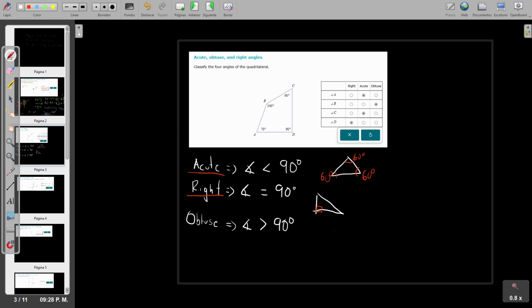For example, if I were to put an angle like this, I could put it like 120 degrees, which means that is 50, 60, that is 30, and this is, oh no, sorry about that.